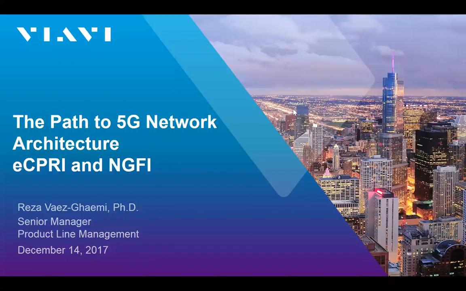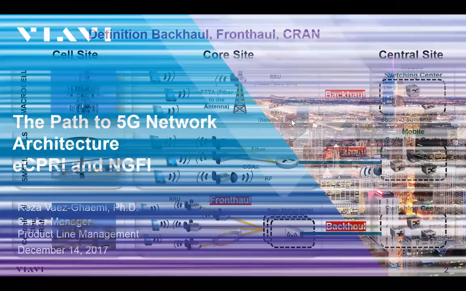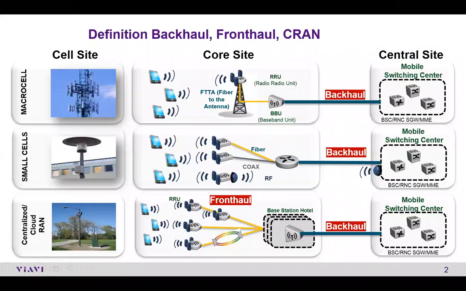So with that, let's start by looking at where we are now. If we look at pre-5G, in traditional macro cells we have a backhaul link that connects the core of the network to the cell sites, usually composed of a baseband unit, which is connected to a remote radio head, also known as remote radio unit, or RRU or RRH, typically closer to the antenna on a tower or on a rooftop.